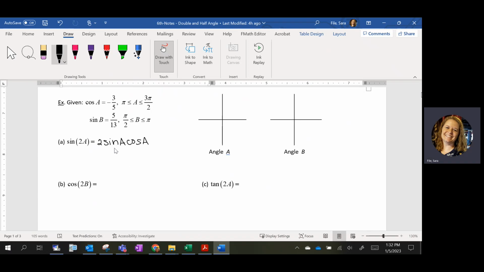I don't know sine of A. I do know cosine of A though. So I'm going to draw a picture. This piece right here tells me what quadrant I'm in. What quadrant is angle A in if it's between pi and 3 pi halves? So I know this is in quadrant 3, so I'm going to draw an angle in quadrant 3. And I know that cosine is -3/5.